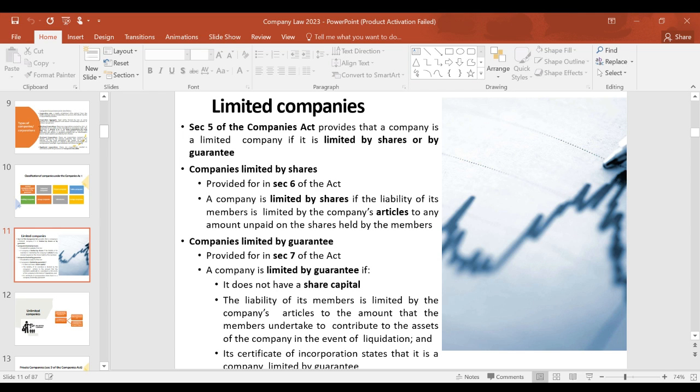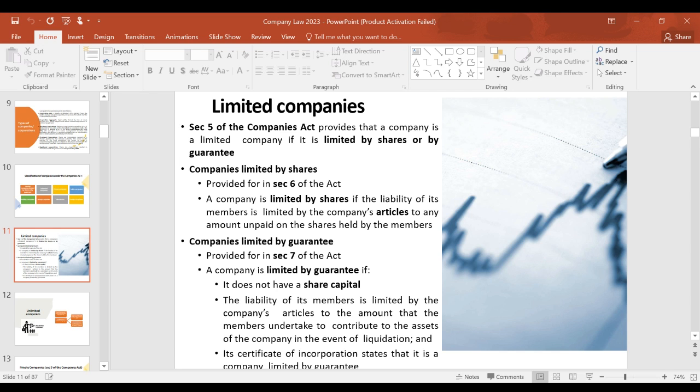Now, if it's limited by shareholding, it means a member who has subscribed towards the capital of that particular company will only be limited to the extent to which they have subscribed to the shareholding, either paid up or unpaid up capital. Anything beyond that, in case of insolvency or winding up of a company, the shareholders are shielded.